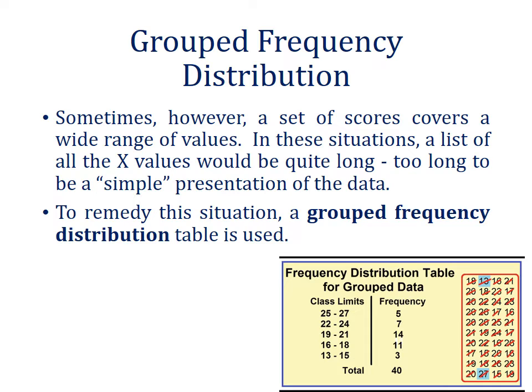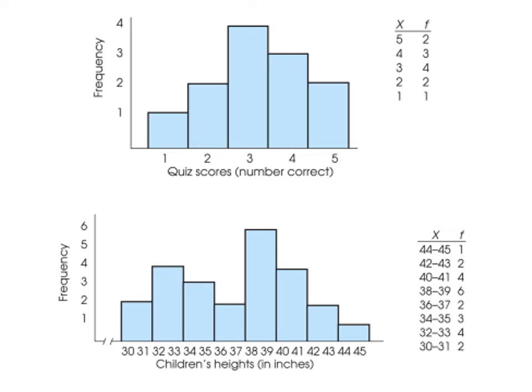For example, we take the class limits 25 to 27, 22 to 24, 19 to 21, 16 to 18 and 13 to 15. When we present that form of class interval based data in a graph and table, it is called a grouped frequency distribution.